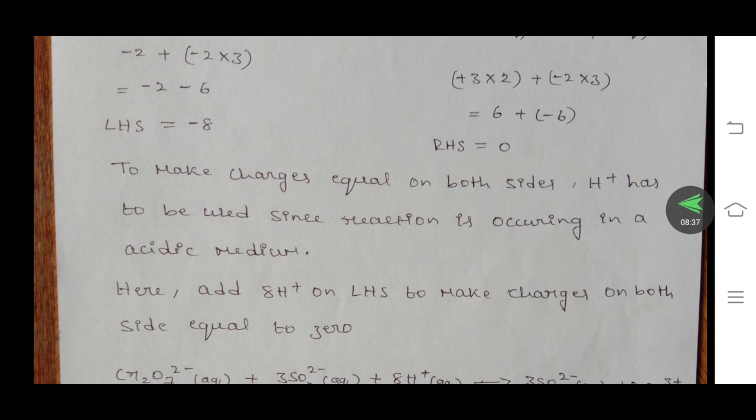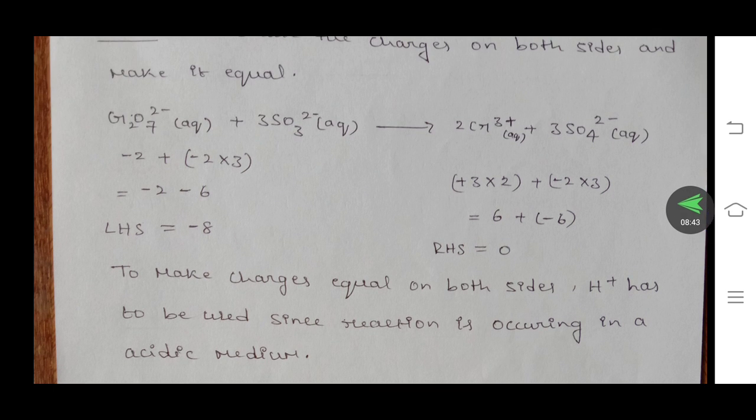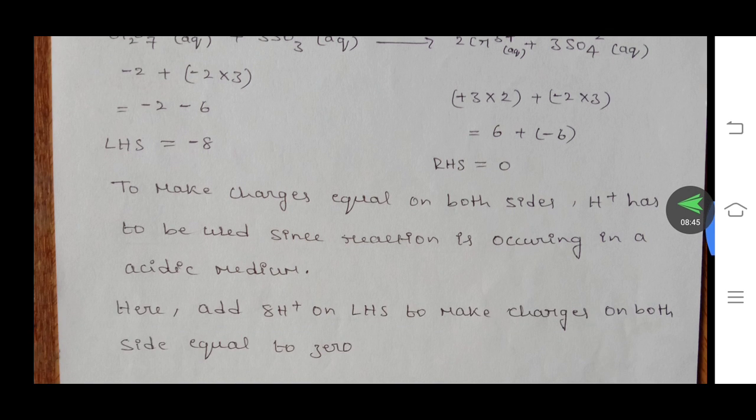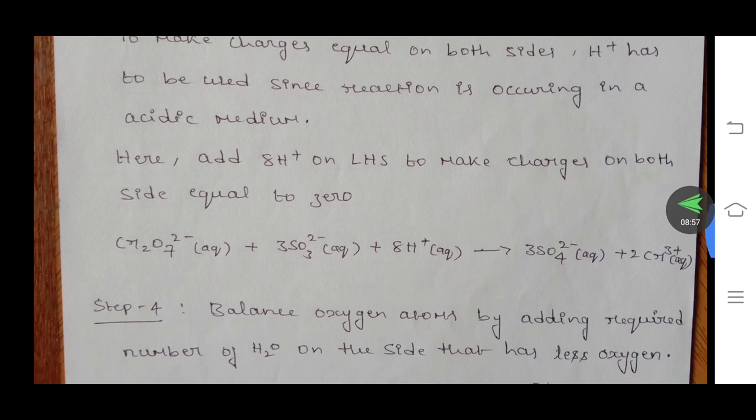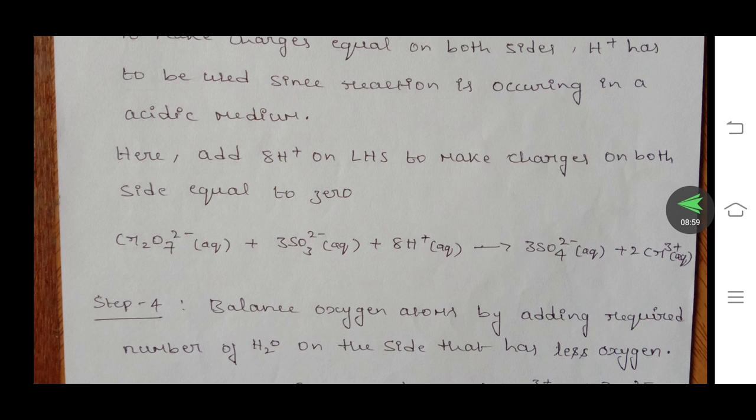When you add 8H plus to the left side, already minus 8 is present on the left side. When you add 8H plus, that gives plus 8 charge. So minus 8 and plus 8 charge get cancelled. So this becomes 0. So the left side also becomes 0. Okay, so that's why I have to add 8H plus on the left side.